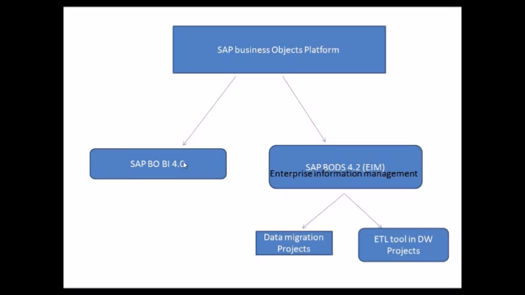That is the purpose of BODS. Once it is in the target system, where the data has been changed in a meaningful way from the raw fashion to the business perspective fashion, then the BO part comes into the picture. BO will take those files as a source and generate the reports.